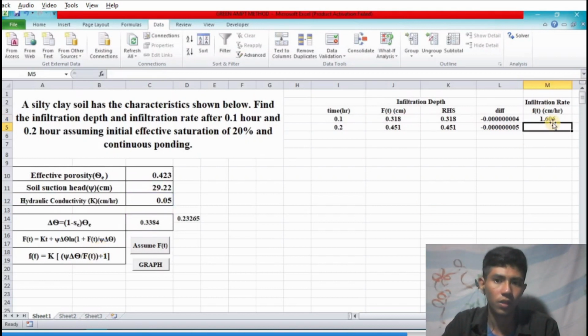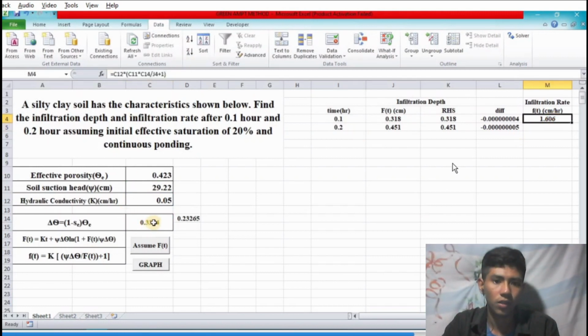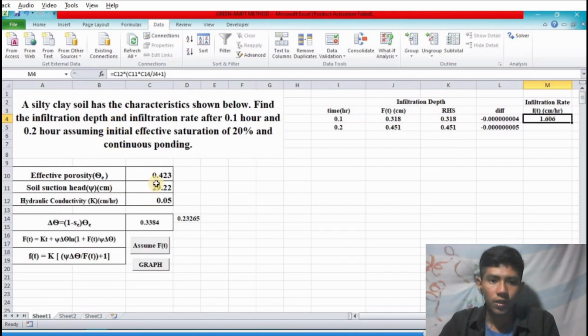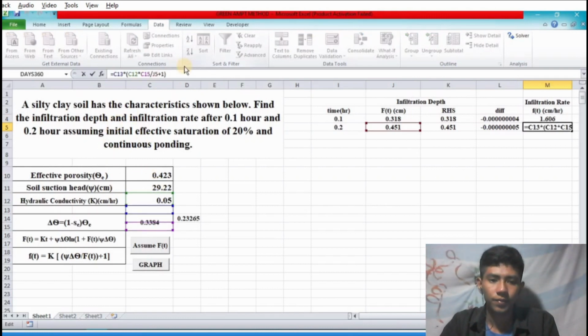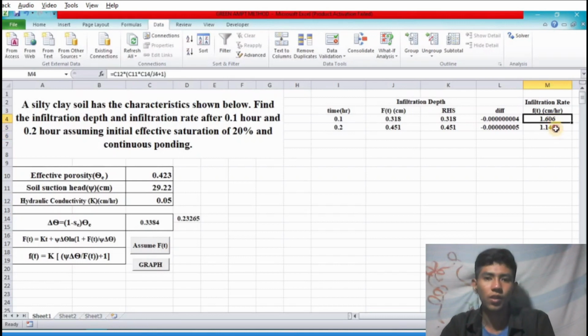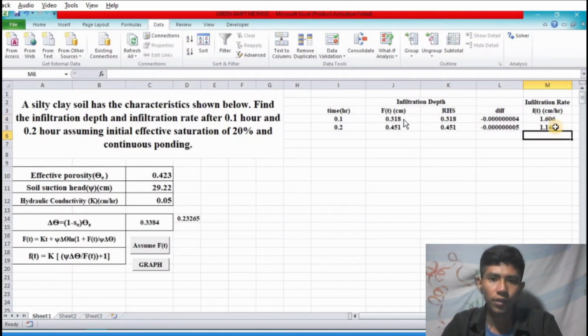Then copy the formula and do it here. We got the values: this is the infiltration depth and this is the infiltration rate.